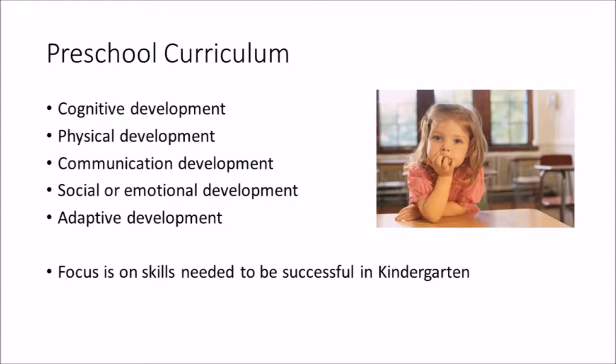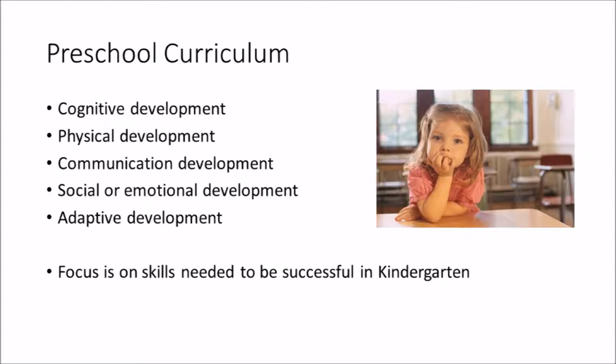This is a little bit of information on what they're going to be learning in preschool. So once the IEP is developed and the child begins his or her school career in preschool, we're still focused on developmental skills. So we're still thinking cognitive development, things like problem solving and thinking. Physical development, fine and gross motor skills, appropriate pencil grasp, and accessing the playground appropriately.